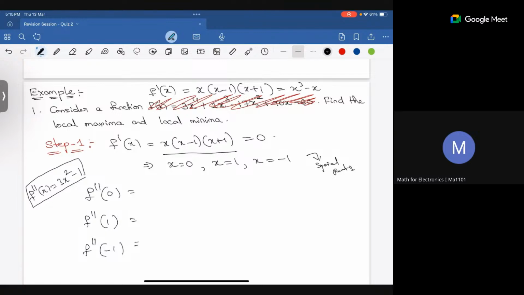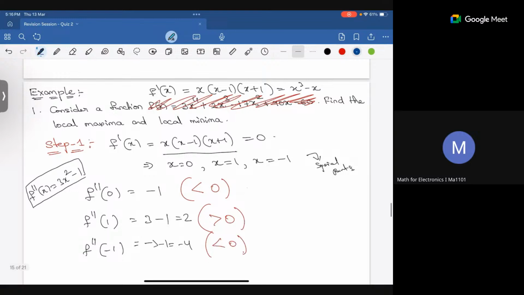When I substitute x equals 0, I will have -1, which is less than 0. And we will have f double prime of 1 to be 3 minus 1, which is 2, which is greater than 0. Similarly, for -1, we will have 3 minus 1... -3 minus 1, which is -4. Therefore, this is less than 0.